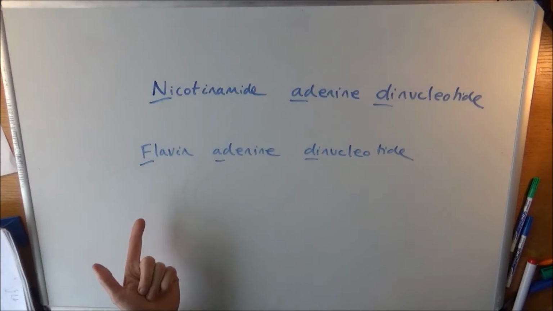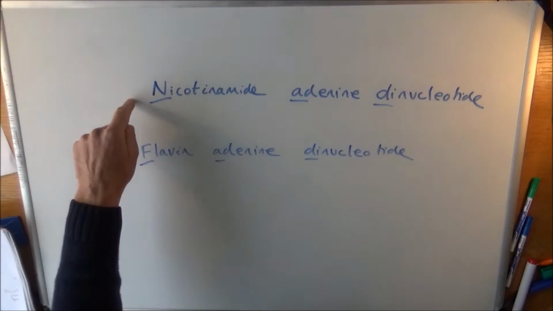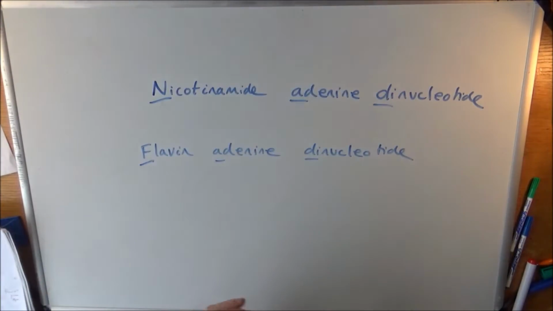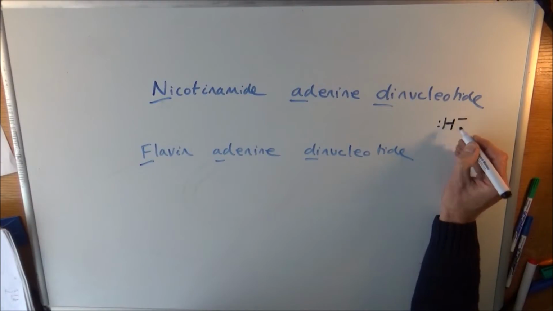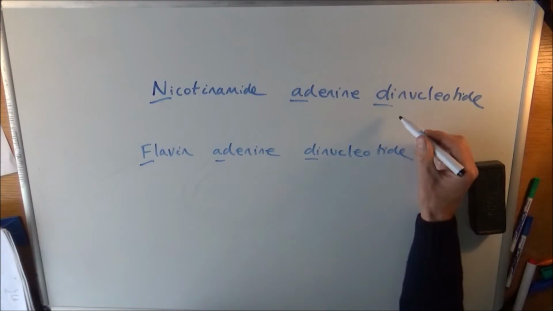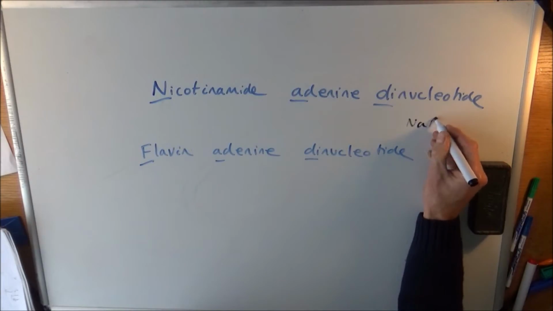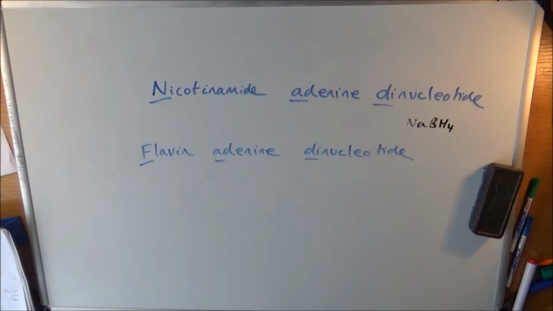If you're doing A-level chemistry, this is a hydride carrier. It carries the hydride ion that you use when you're reducing aldehydes and ketones, for example. It's the biochemical equivalent of NaBH4, the sodium tetrahydroborate 3.